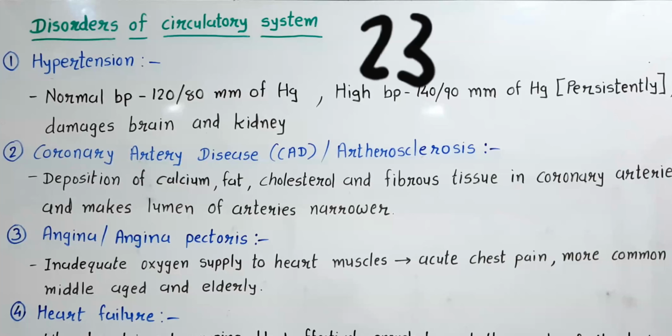Problem is that persistently for a long duration, if your blood pressure remains higher, जैसे 140/90 over a long period of time, then you call it the hypertension condition. This in the long run causes damage to your brain.